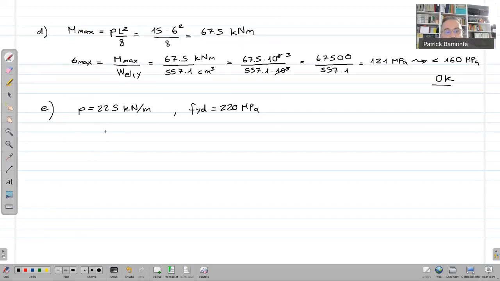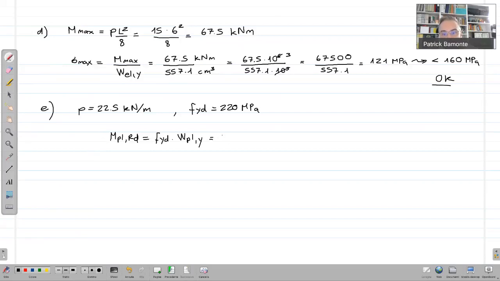And how do we do it? We have to calculate the resisting plastic moment the section can develop upon full plastification, which is simply given by f_yd multiplied by the plastic section modulus, called, following the table, W_pl,y.